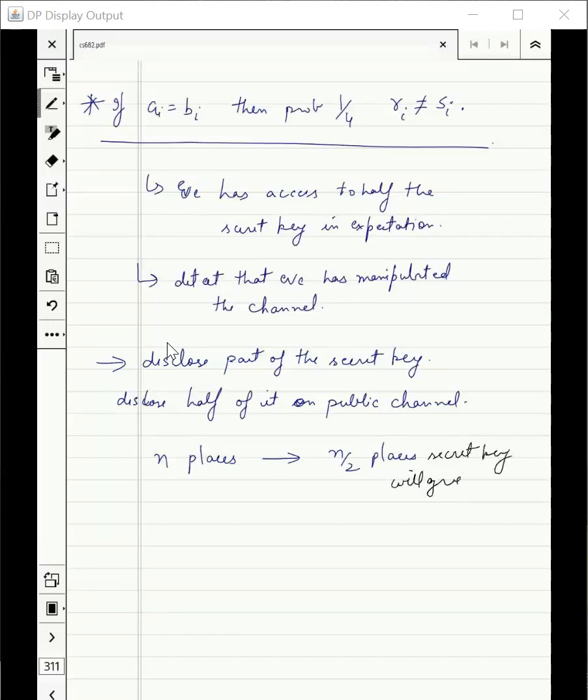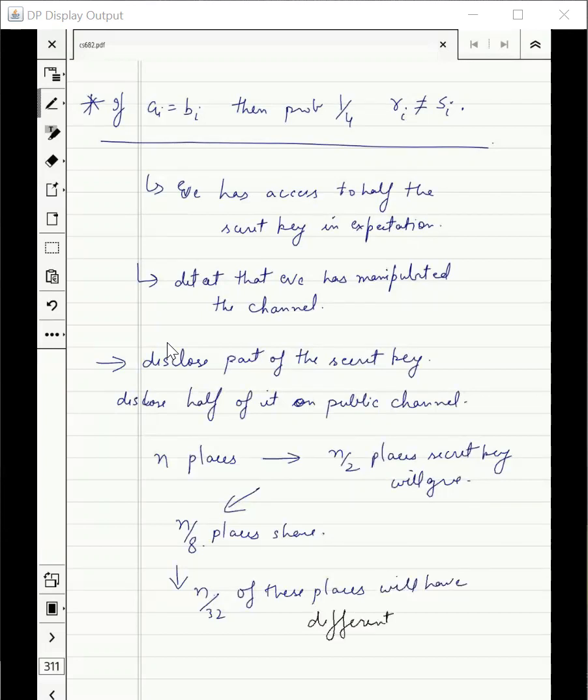And then even if they share, let's say, 1/4 of it, the first n by 8 places, then around n by 32 of these places, again all in expectation, will have a different shared key.